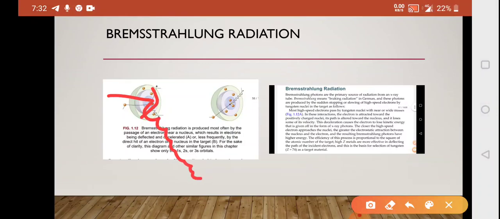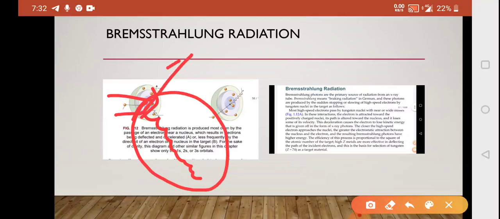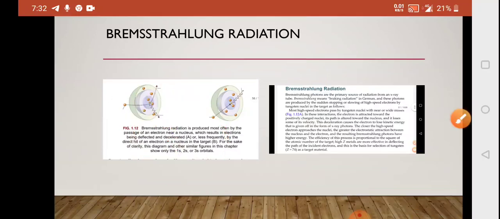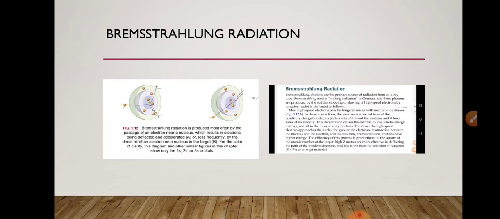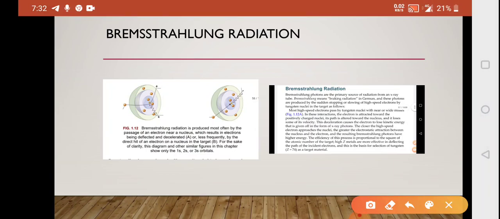So the more is the atomic number, the more is its capacity to deflect the electron and to produce the X-ray. Whenever the electron comes with XYZ energy, it then moves out with lesser energy. The difference in energy is produced in the form of X-ray, that is here.